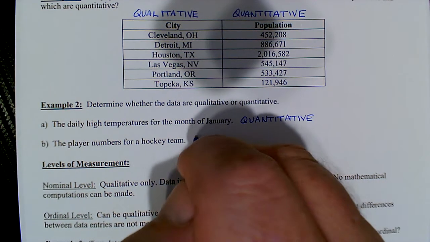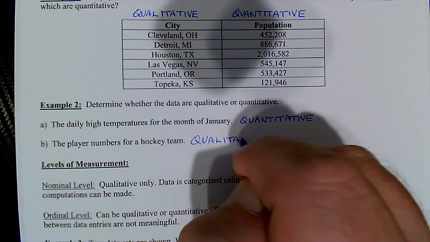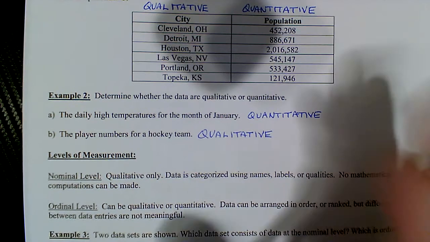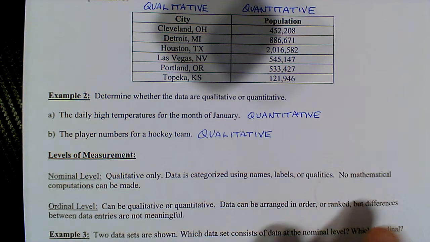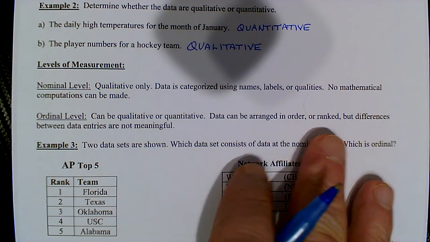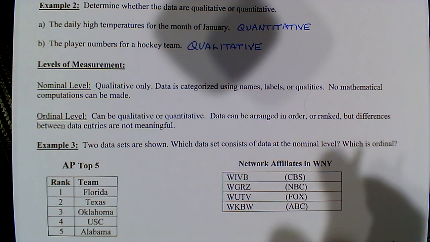And so therefore they would be qualitative because they're just labeling. You know, number 11 is this particular hockey player, and that's his label. Can't really do anything with it. It's not a measurement. Number 99 is not always better than number 11.